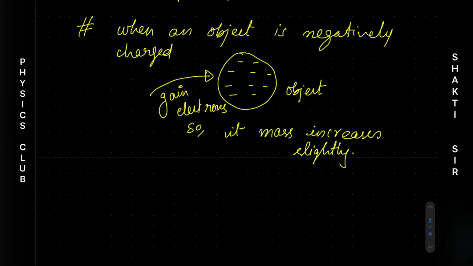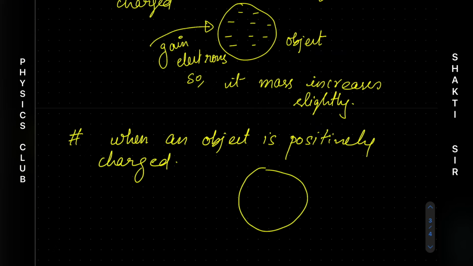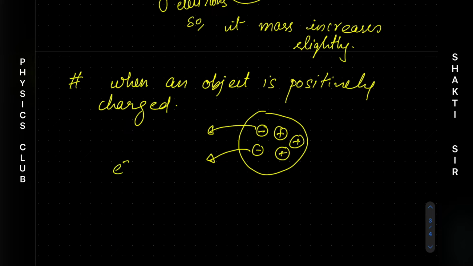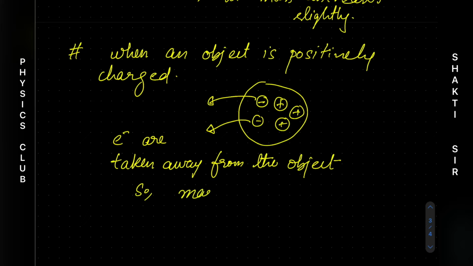But on the other hand, if a body is positively charged, it means that a small amount of electrons are taken out from the body. Therefore, the body will acquire positive charge. As the electrons are taken from the body, the mass is also taken from the body. Therefore, the mass of the object slightly decreases. Keep this in mind, it's very important, though a slight discussion.